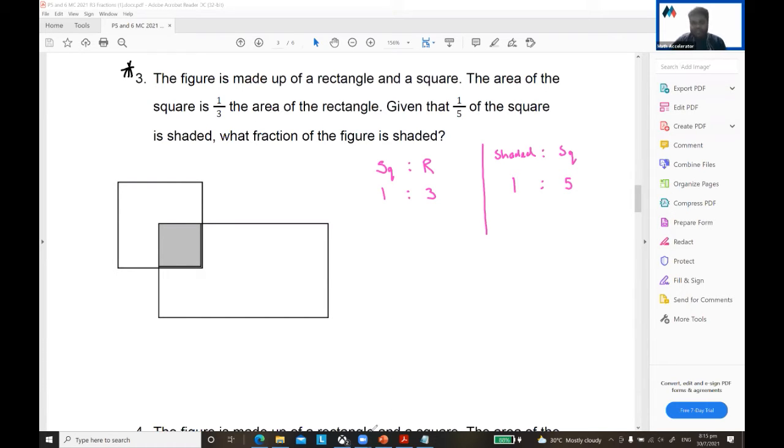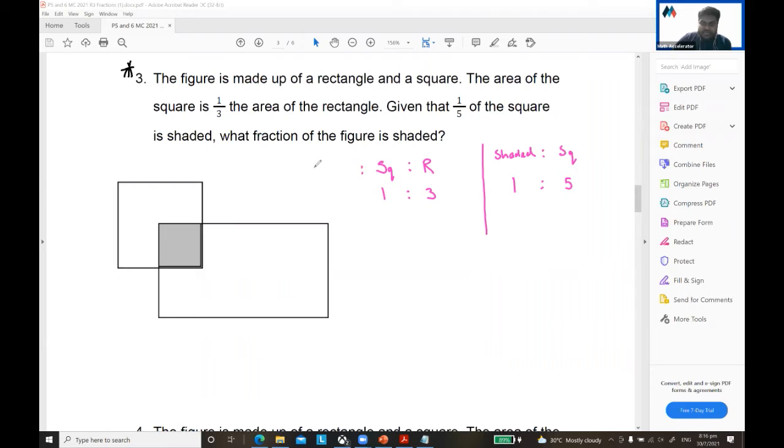Can you tell me which figure is being repeated twice? Correct. It's the square. So be very careful: shaded is to square.